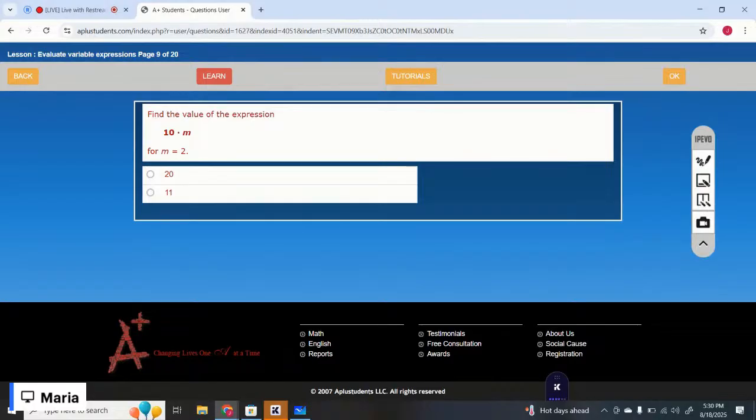Find the value of the expression 10 times m. Very good.